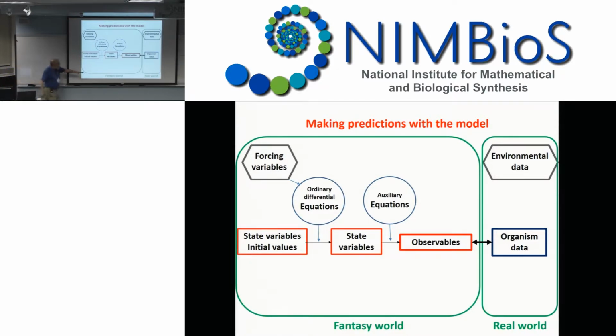Laura likes to call everything that the DEB theory handles the fantasy world, and in the fantasy world there are forcing functions like food quantity, food quality, temperature, and so on. These in turn influence ordinary differential equations. You have state variables, and the ODEs tell us what's happening over time to the state variables.